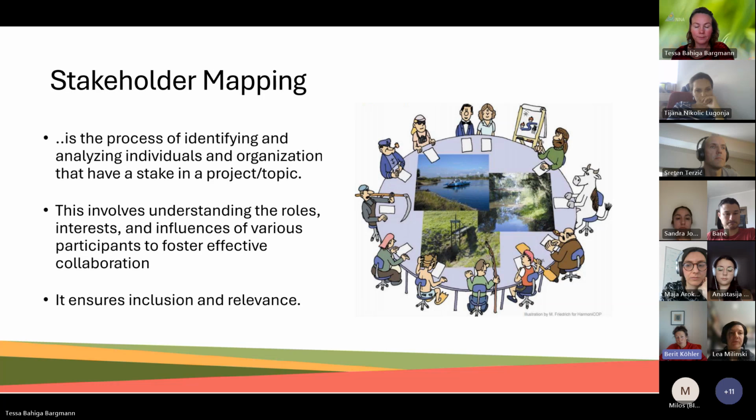This involves understanding their roles, interests, and influences, of the different participants or potential participants, to foster effective collaboration. And it should ensure that the relevant people and organizations are included.